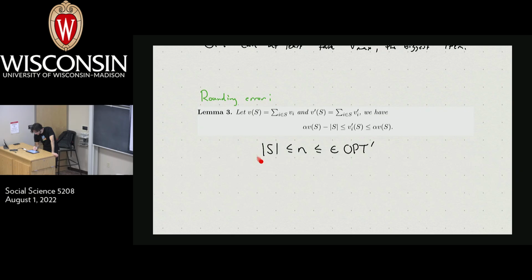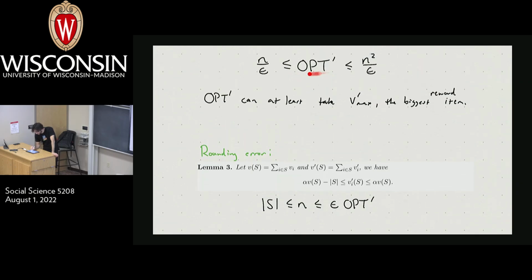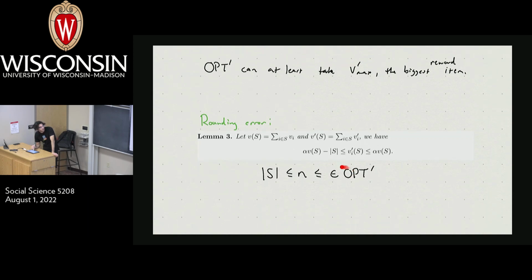And in particular, from that equation here, we know that n is at most epsilon times OPT prime. And so the size of S is at most n, which is at most epsilon times OPT prime.